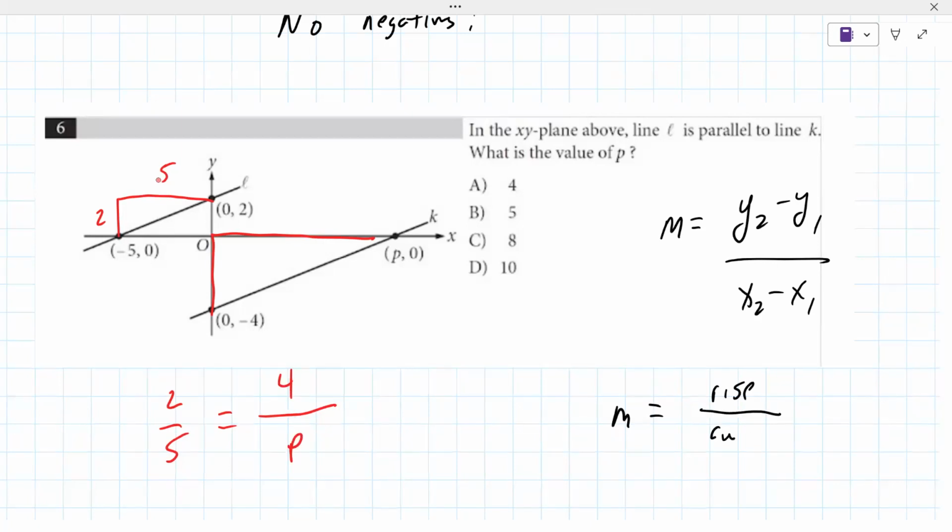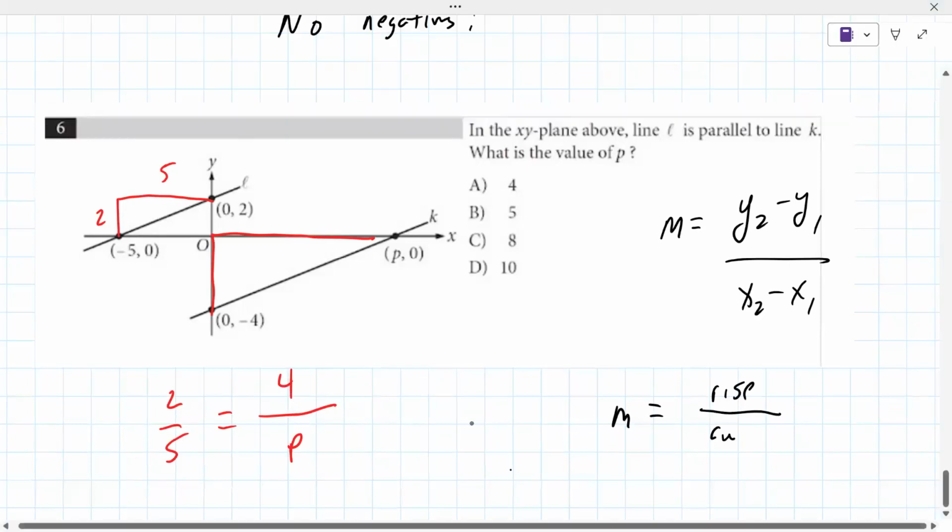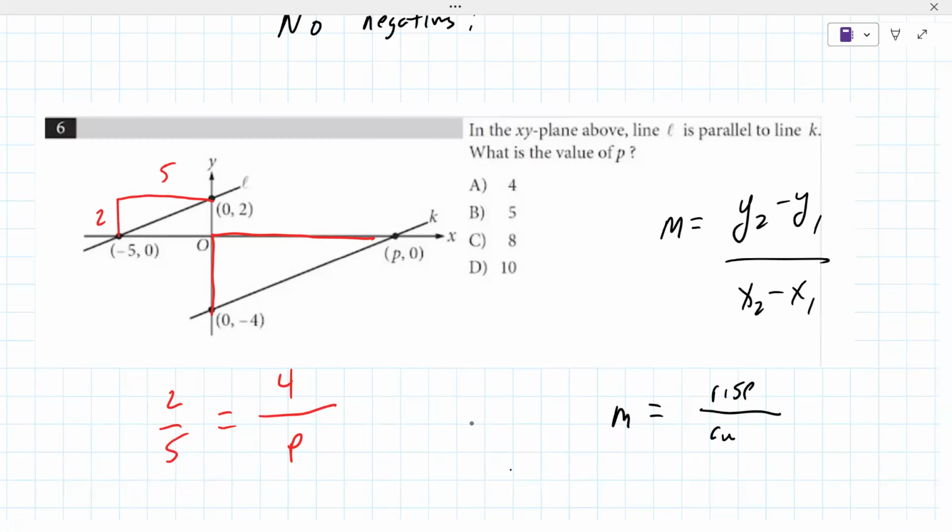So what's P? Okay, okay. So then d. Yes. Okay.